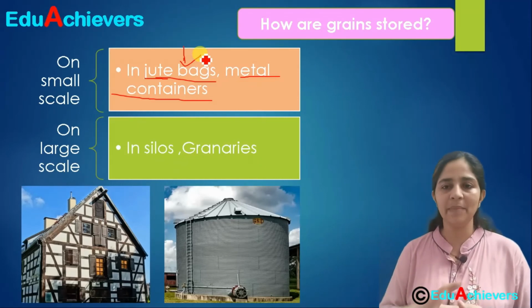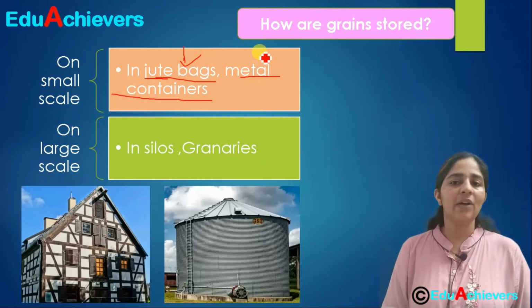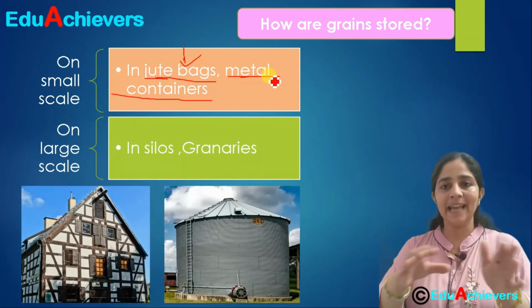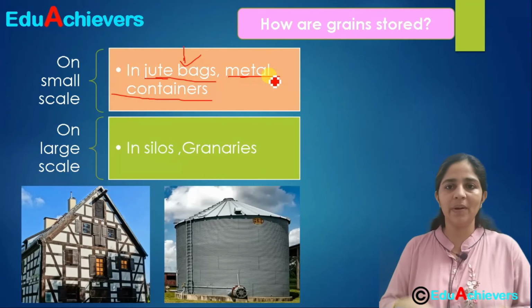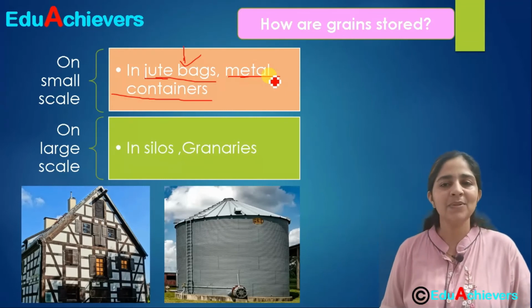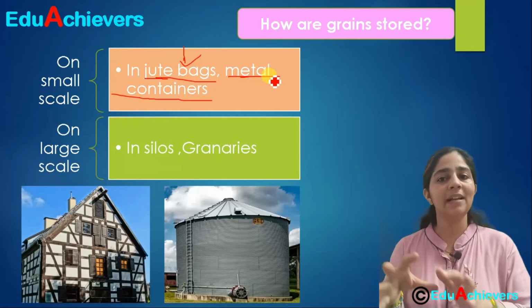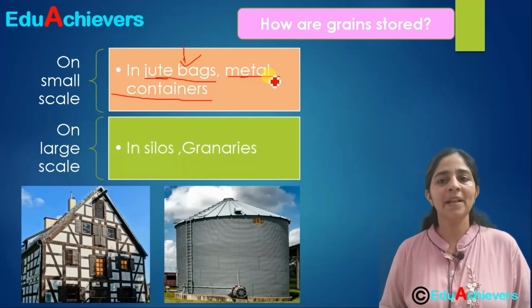So it is better to store them in an airtight thing, or metal containers. If you are storing in a metal container, you can make it airtight by putting a plastic over it and then making it properly airtight. That will protect the seeds from extra moisture entering and getting spoiled.